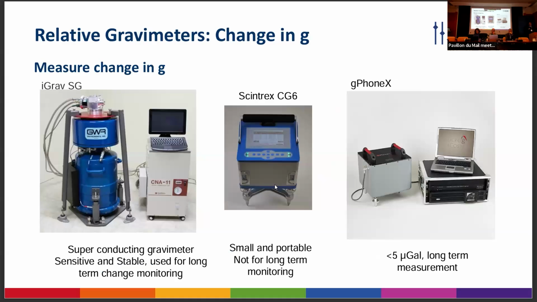If you want to measure long-term changes, where you have a high resolution and you can monitor for a long time, we can use relative gravimeters, which just measure changes in gravity, which is quite important. This is a superconducting gravimeter that uses magnetic levitation of a superconducting mass, and these others are based on deflection of a quartz spring.